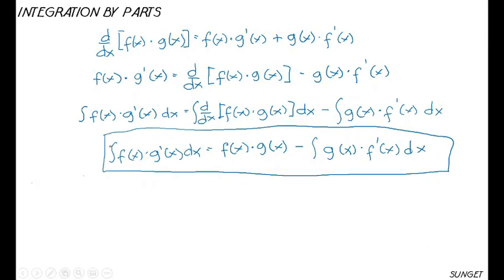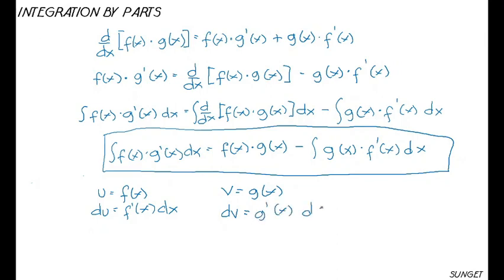So a more convenient way of writing this formula is obtained by letting u equal to f of x, differentiate, so du equal to f prime of x dx, and letting v equal to g of x, differentiate, so dv is equal to g prime of x dx.